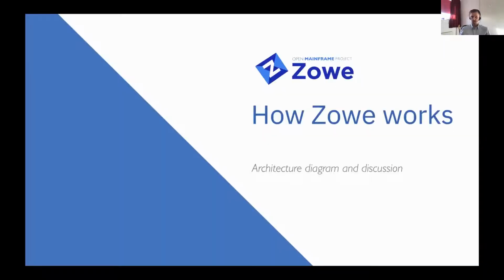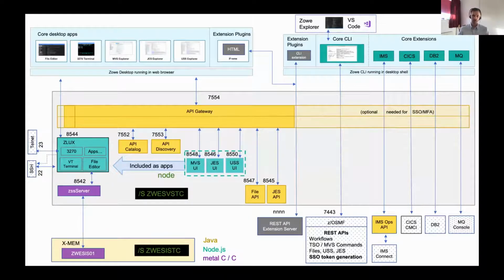So now we're going to get into our first scary section of how Zowe works. The bit which is scary is possibly this diagram. It's quite busy, but I'll try and talk you through it. This is the architecture diagram for Zowe effectively. If we've not done a good enough job of explaining it so far, I'll just reiterate there's kind of two halves to Zowe, if you like, the install.